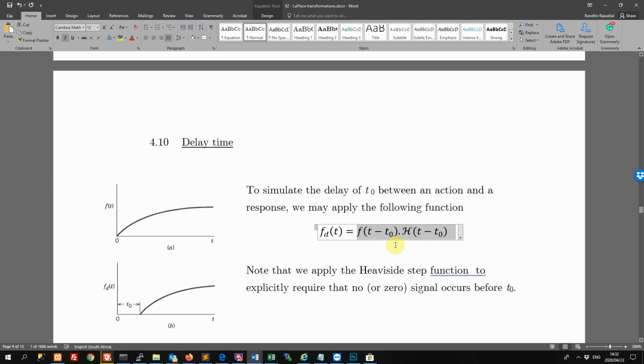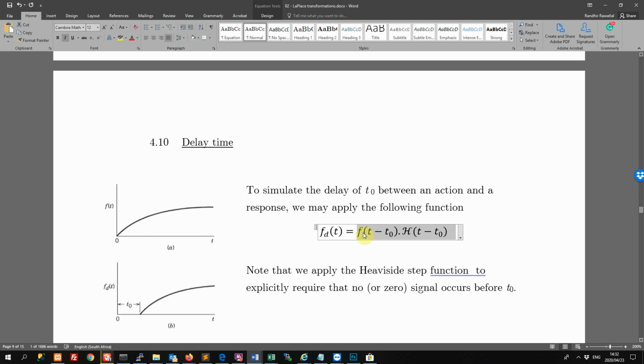So an easy way to fix that is to multiply it by the step function, shifted also by t naught. So we force the function to be 0 before t naught, and it's a 1 after t naught, and so the product here is this delay in time.